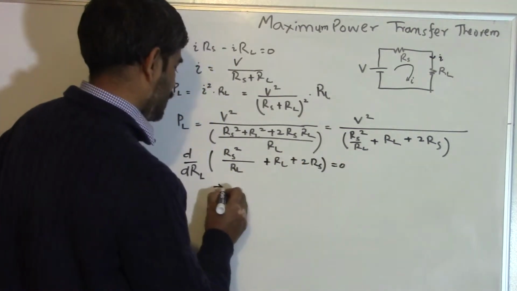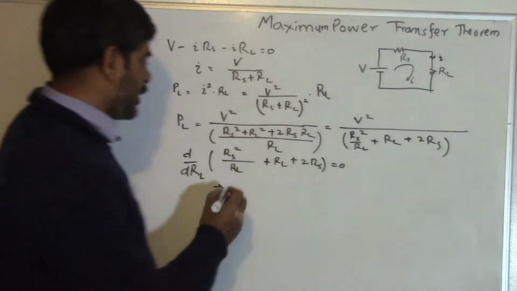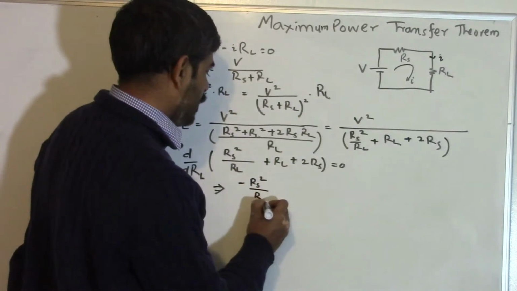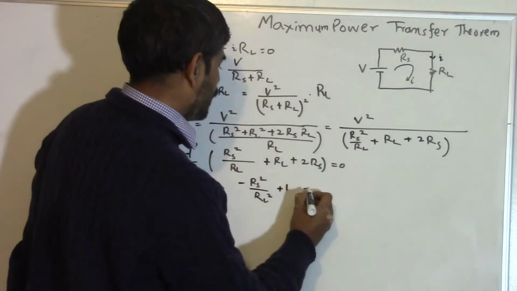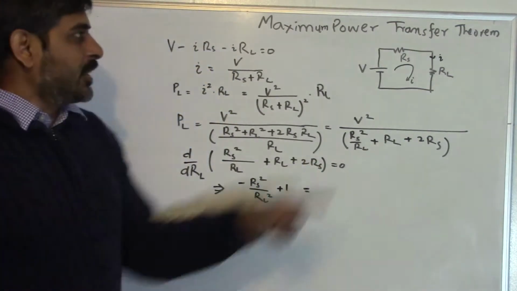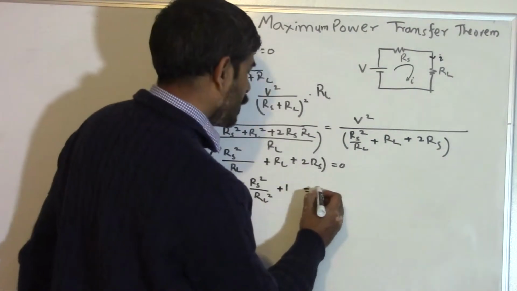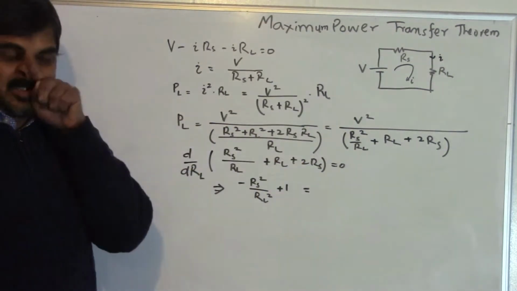This implies that differentiating, using n x to the power n minus 1, gives minus RS squared divided by RL squared, plus 1. We have kept the source resistor constant, so its differentiation becomes 0.